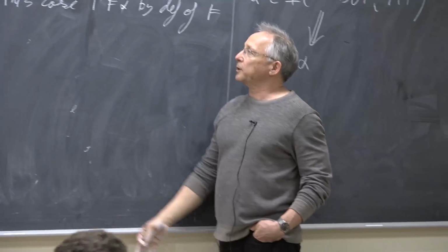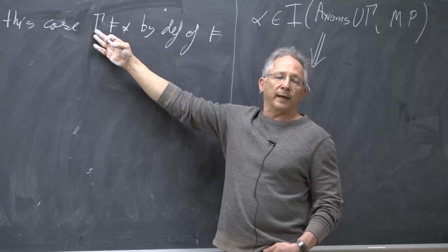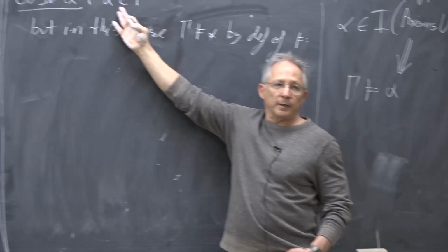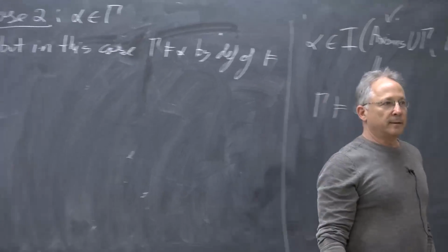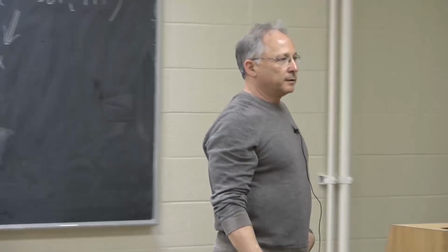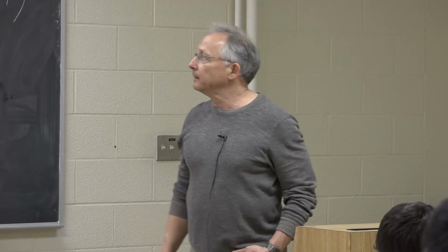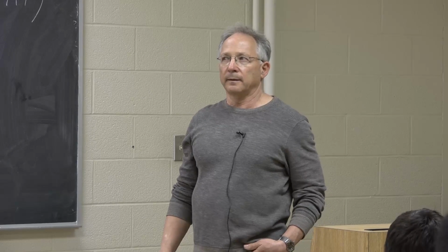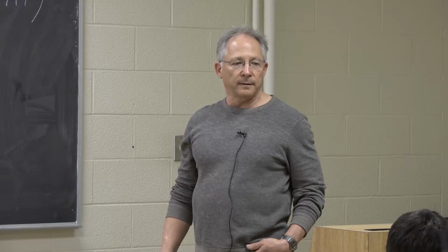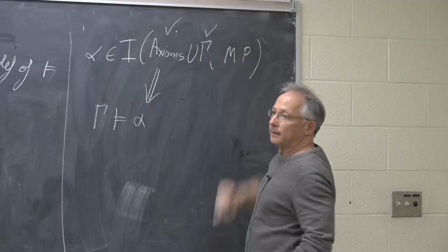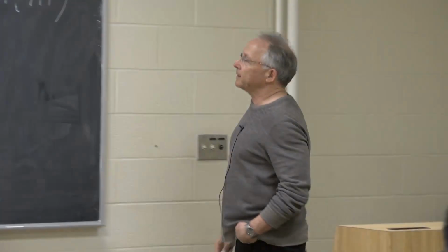Because logical implication means whenever every formula in gamma is true, then alpha is true. Since alpha is one of the formulas in gamma, it follows from the definition. So we are done with this case. So we are done with the basis of the induction.